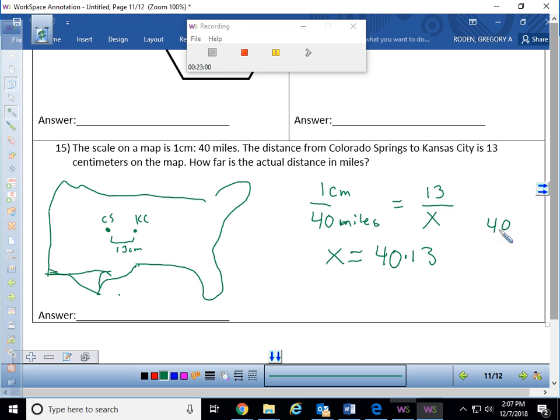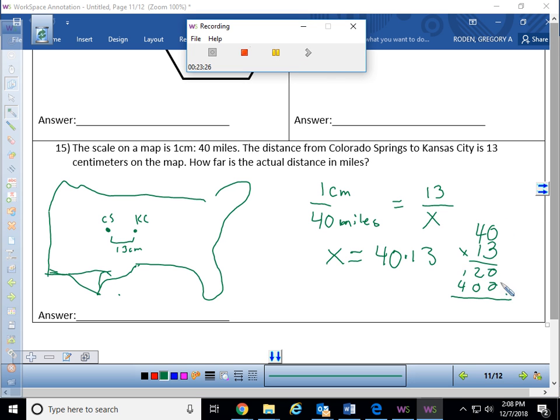Let me actually just work it over here. 40 times 13, that's a 0, that's a 12. 0, that's a 1, that's a 4. Add them up, I get a 0, I get a 3, and I get a 5. I'm getting, oh, hold on.